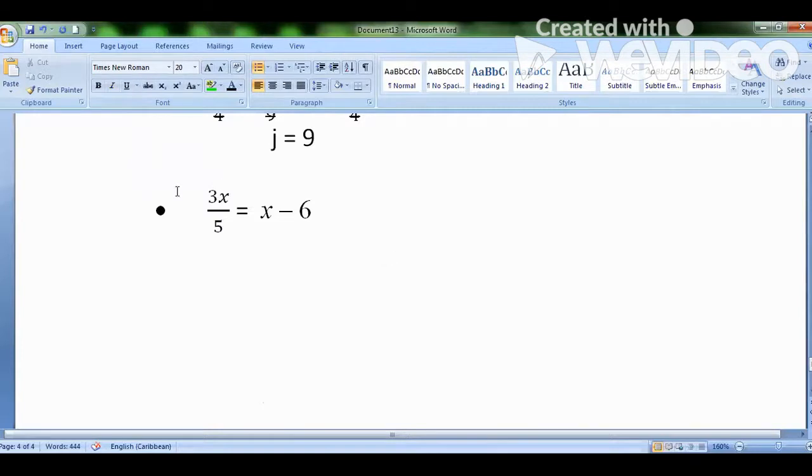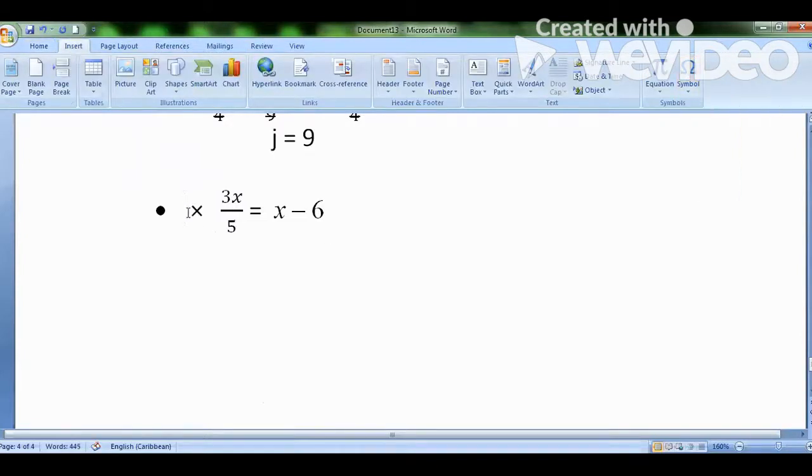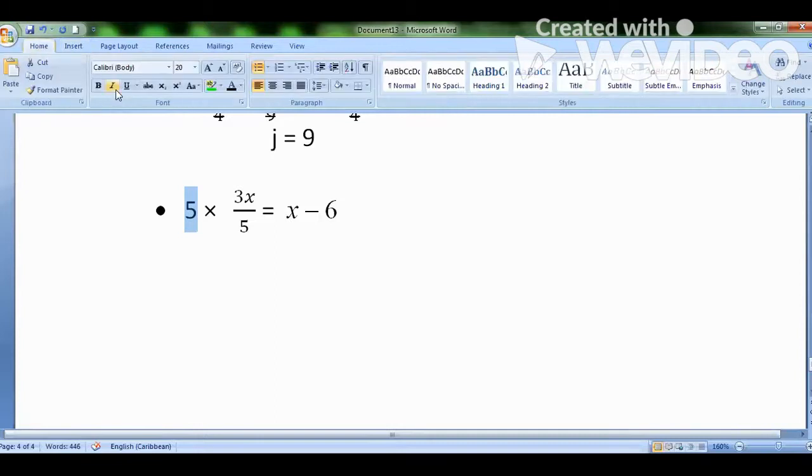So what I'm gonna do, what I think I should do, guys? Multiply both sides by what? By 5, yes. All right, so if I multiply this by 5, that's gone. Multiply that by 5, that's gone, not true? So what's left back is what? 3x. All right. But this question has a little catch in it.